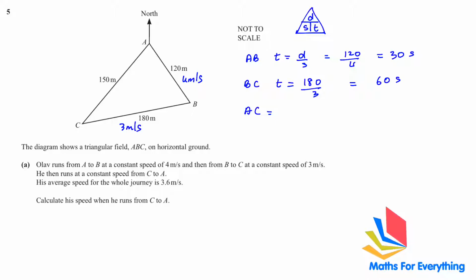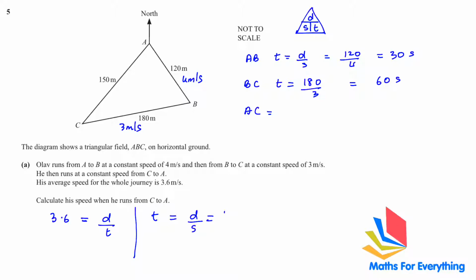We don't know the time taken by AC, but we do know that the average speed is 3.6 meters per second, and speed is equal to distance over time taken. If you want to find the time for the total journey, we will write time is equal to distance over speed.